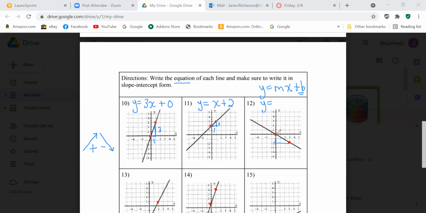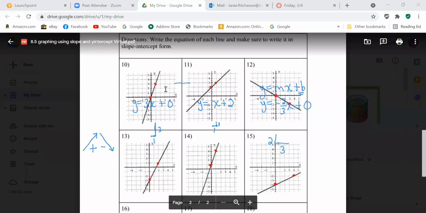So how tall is this line? It's 2 tall and it's 1, 2, 3 wide. So our slope is rise over run, negative 2/3. And then, oh, x, don't forget your x. And then our y-intercept is plus 0. Of course, you don't have to write plus 0, but if you do, it's okay.